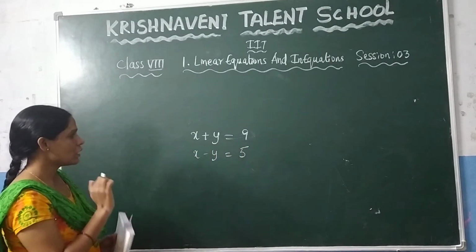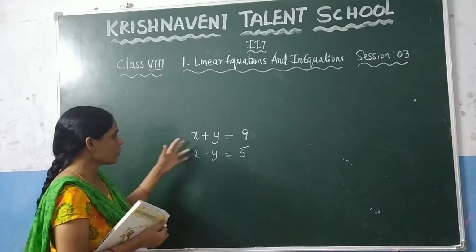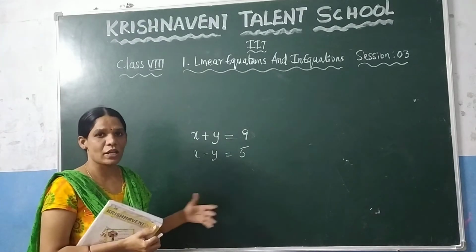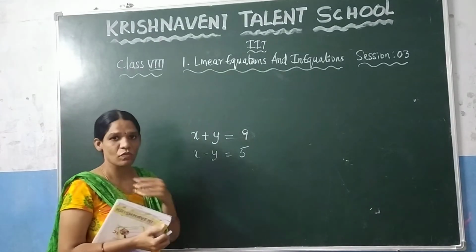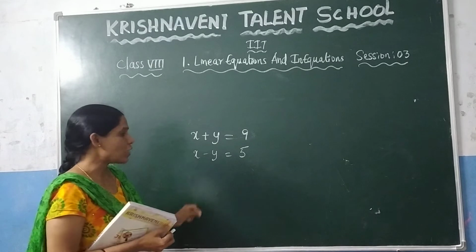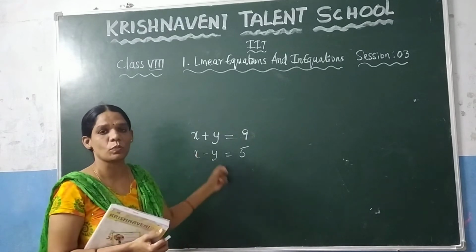If you are given this one more equation, now you can find the value of x and y, because two equations are given, so the values of x and y should satisfy both of these equations.